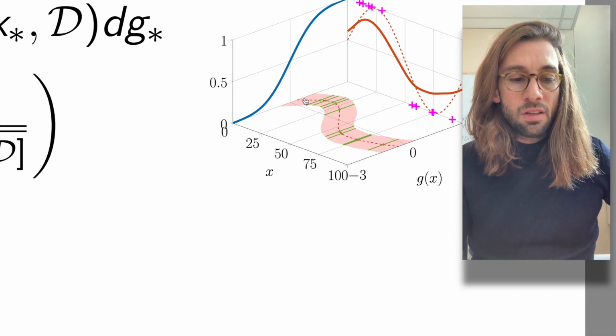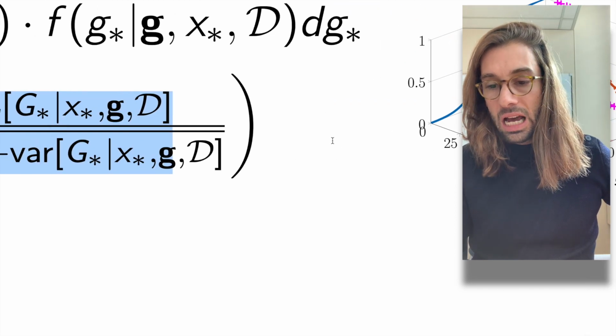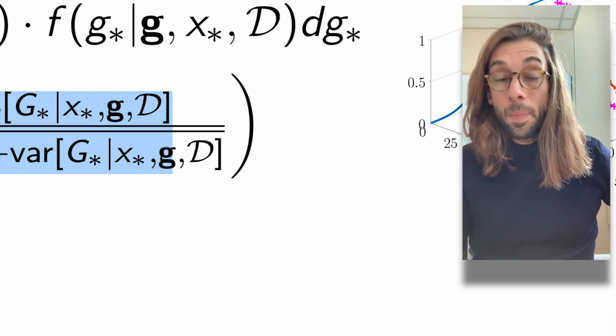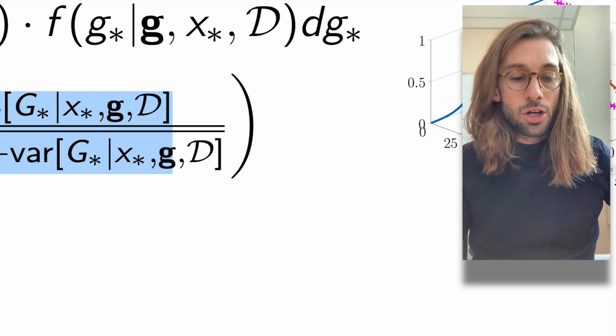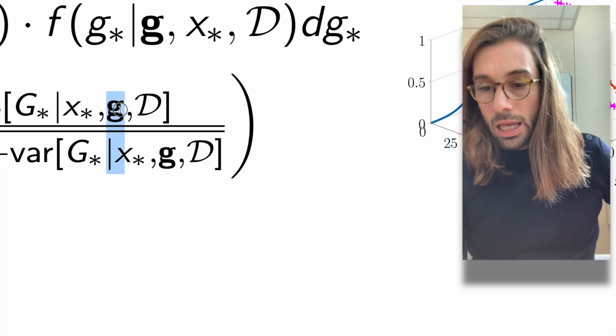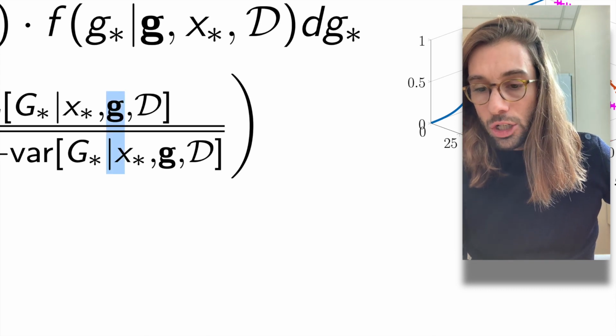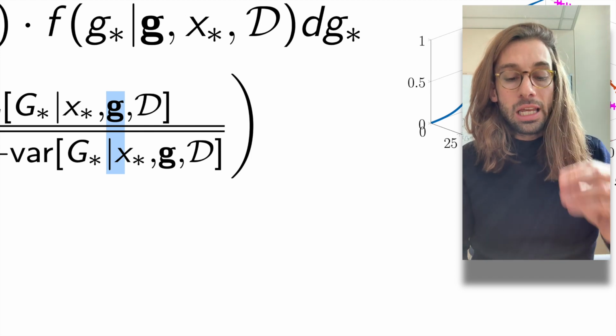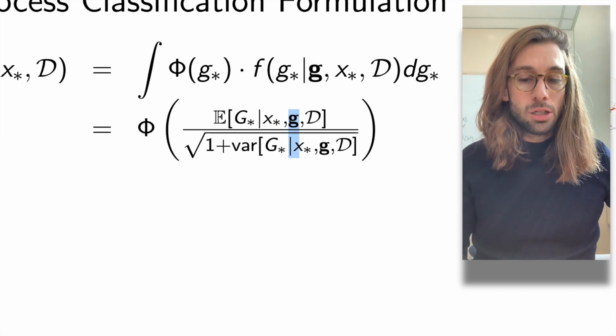The expected value represents the dashed red line. The pink region is this marginal variance, and the G you see here in green is the inferred latent observation at any location.